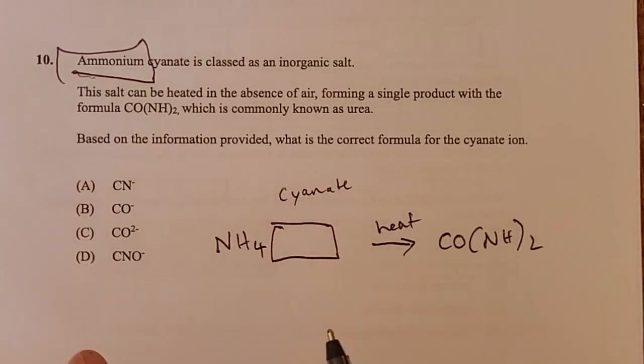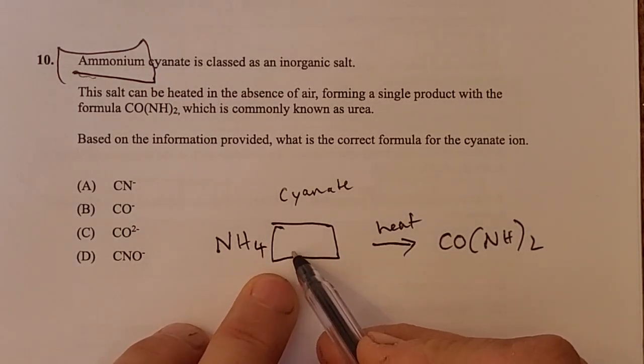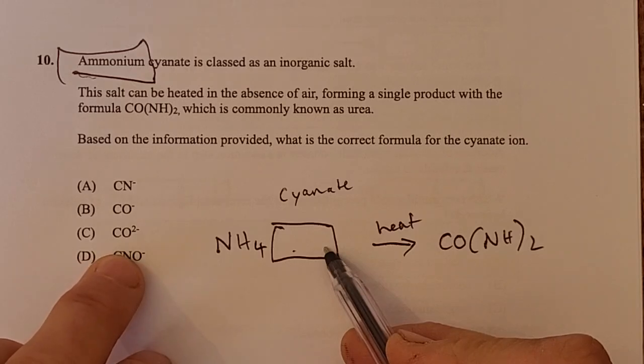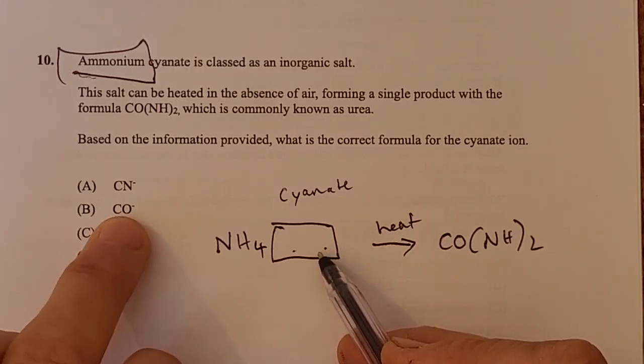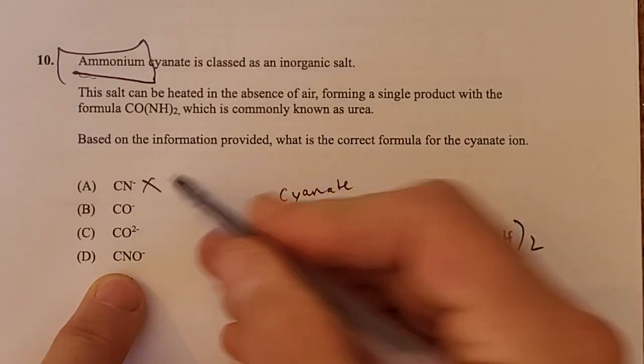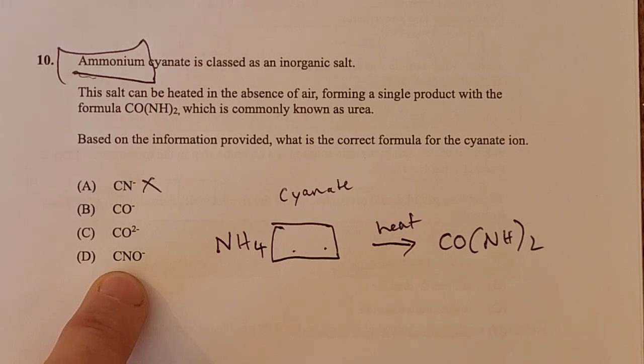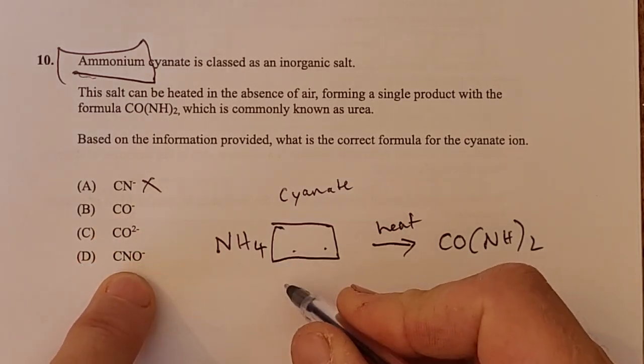So remember, all the atoms you start with have to be the atoms you finish with. So we're missing C and O here. So it definitely has a C and an O, so it can't be A. But which one is it of these? So it's kind of like trial and error.